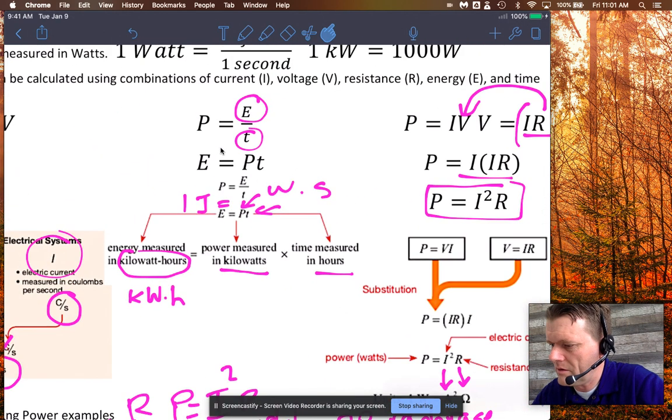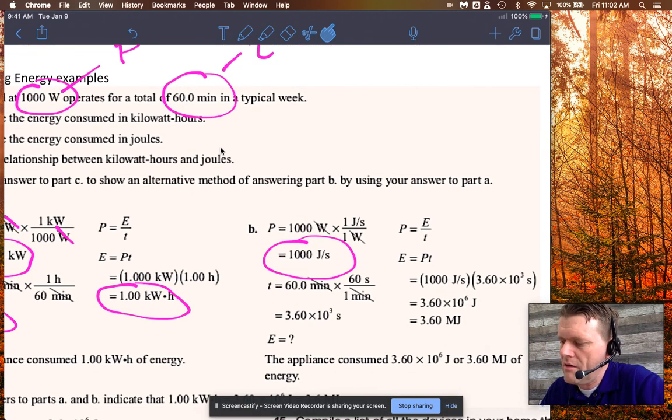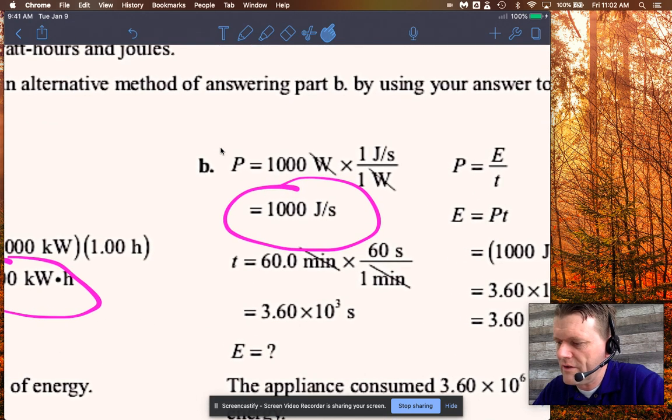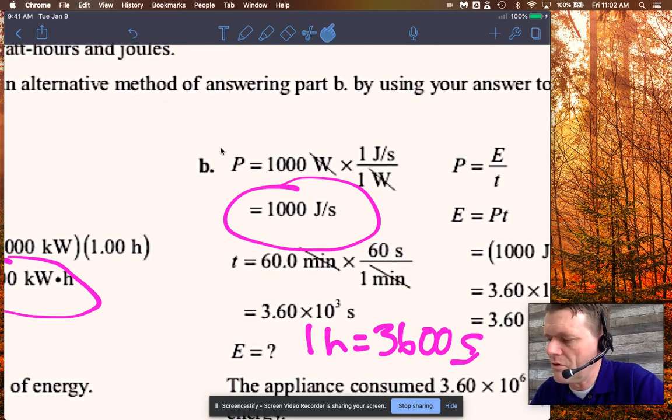I know that's a little ugly, but anyway, they did the conversion of minutes to seconds, and those of you that took physics from me, 1 hour is equal to 3,600 seconds. You may have burned that one into your memory because it's a nice unit to remember. But if you don't remember it, you can derive it like this, no big deal.